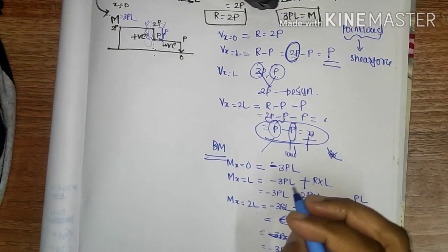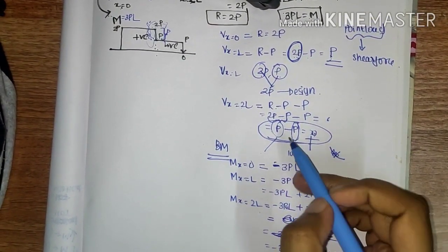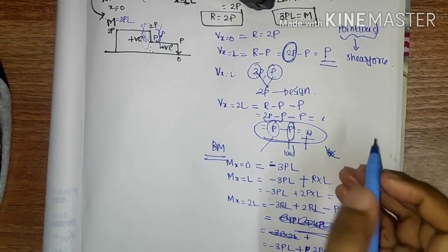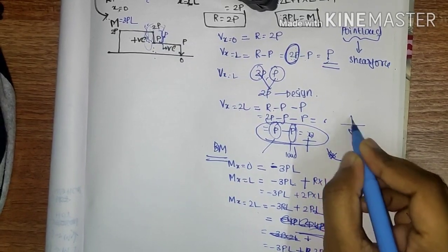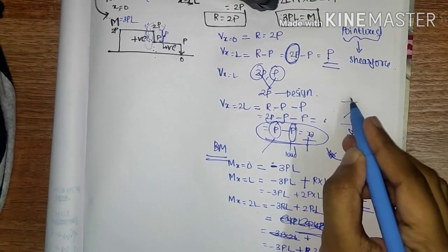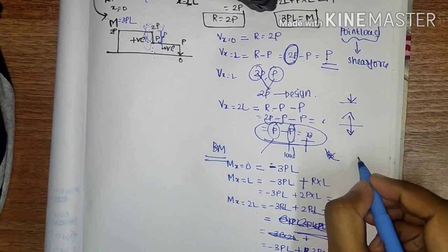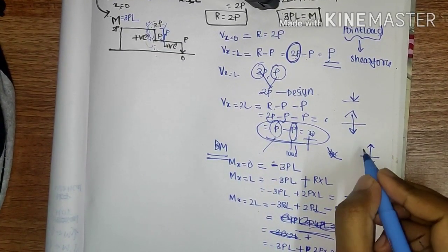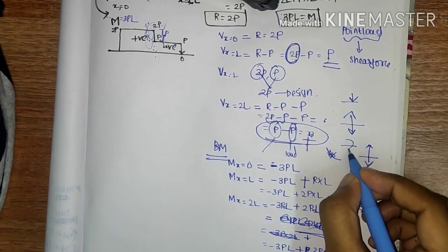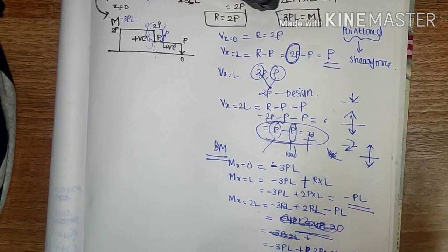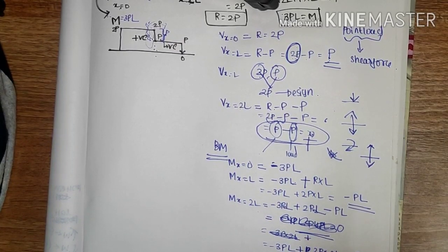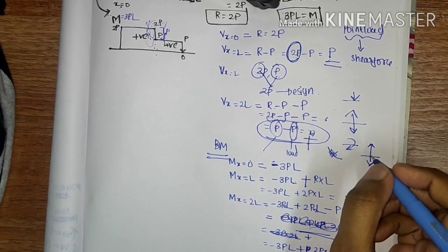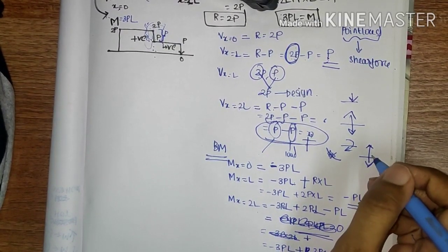Note that for the shear force, if there is a vertical strip like this, then there should be a concentrated load. But for the bending moment diagram, if there is a vertical strip like this, a concentrated point couple should be acting there.